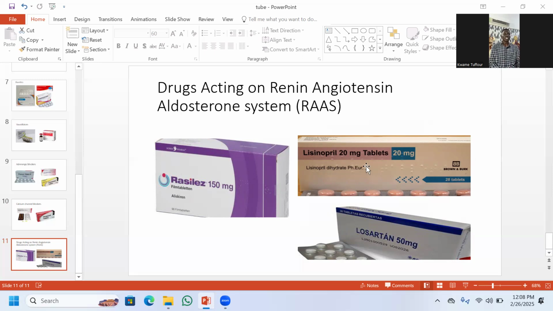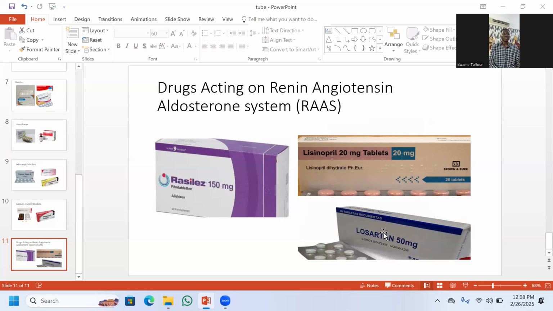Then lisinopril is an example of an angiotensin converting enzyme inhibitor, what we call ACE inhibitor. We want to prevent the action of the angiotensin aldosterone system, which I expect you to put in the comment section. And ACE inhibitors all end with pril. So you see captopril, enalapril, lisinopril, and the rest.